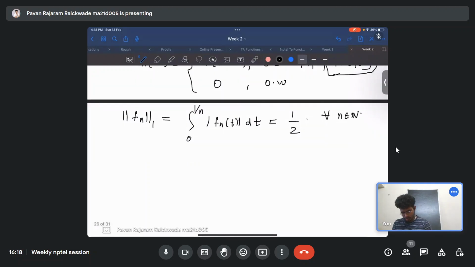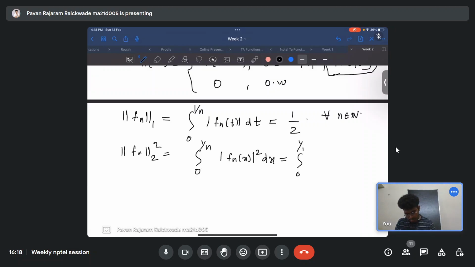But what is norm fn2 squared? I'll consider it to be the integral from 0 to 1 by n of modulus of fn(x) squared dx, which is the integral from 0 to 1 by n of (n times (1 minus nx)) squared dx, which equals n squared times the integral of (1 minus nx) squared.